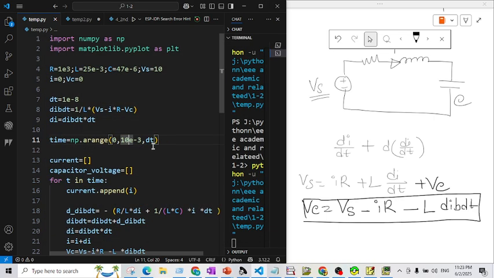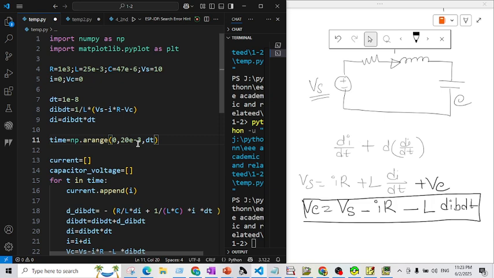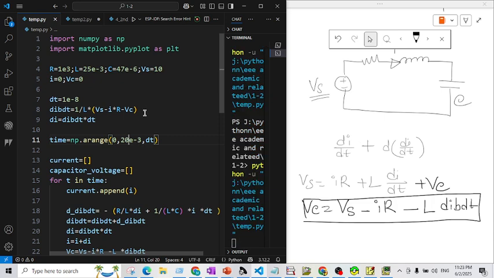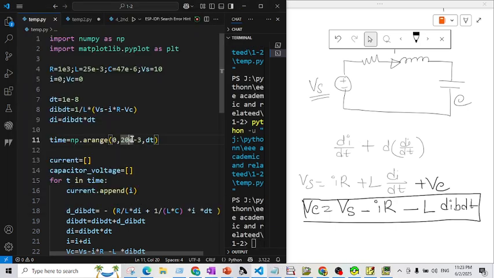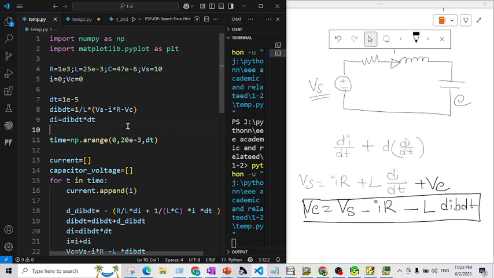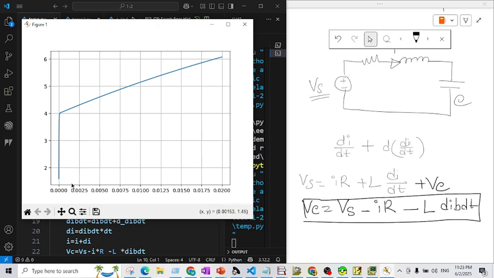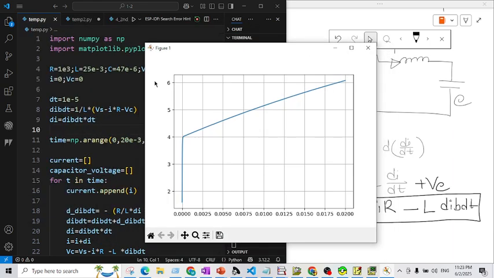Okay, not 10, let's say 20. Then let's decrease this to 5 and see what happens. Oh, that means we need a small dt to operate at this region.